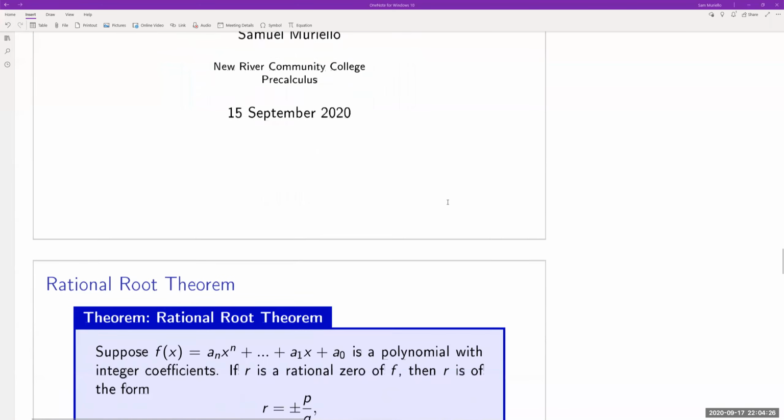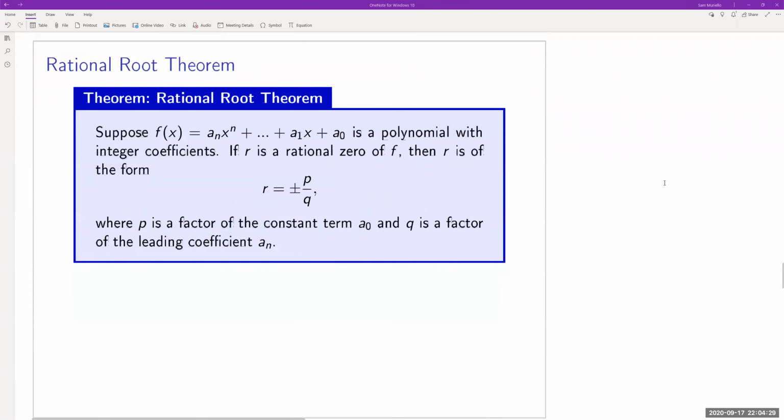The first thing we're going to need is the rational root theorem. The rational root theorem is going to allow us to determine which numbers might be good choices of roots. And here's the theorem.